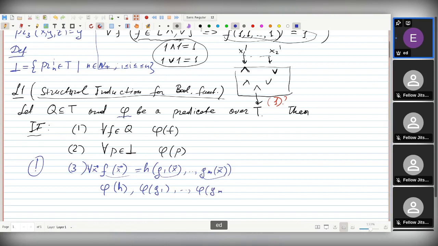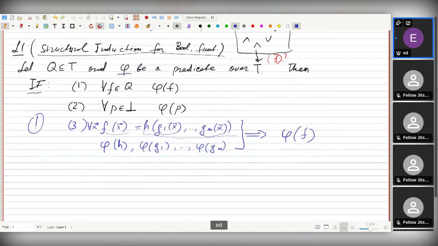Assume that all these functions in the right hand side satisfy our property phi. Then it is enough to prove that f satisfies phi. It is like the inductive step. So assume that all these are true. Is it clear?